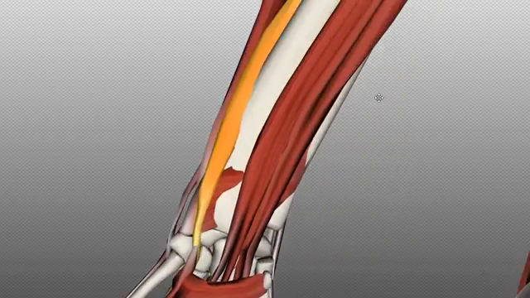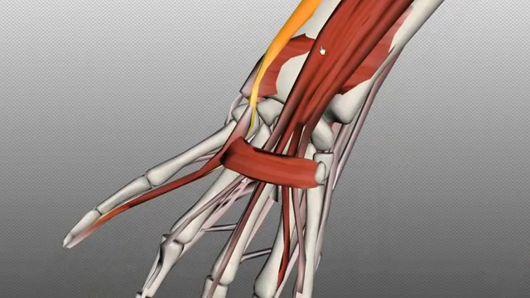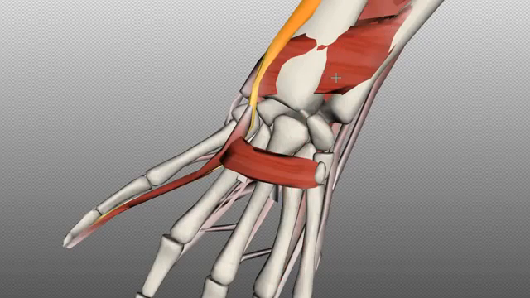So the final muscle of the deep layer is the pronator quadratus, which lies underneath the tendons of the flexor pollicis longus and the tendons of the flexor digitorum profundus. So from its rectangular shape, quadratus, referring to its four sides.